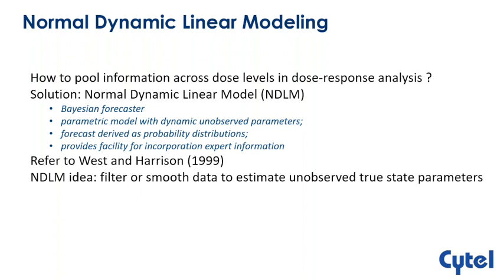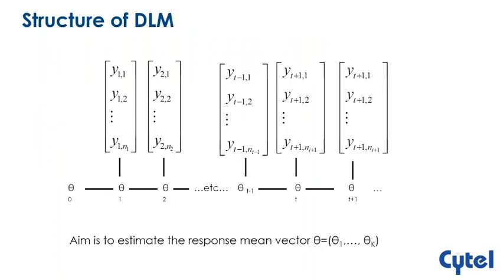And the forecast is derived as probability distributions and provides facility for incorporating expert information. The NDLM idea is basically a smoother to the estimated unobserved dose response curve. And I'll show you that on the next few slides.